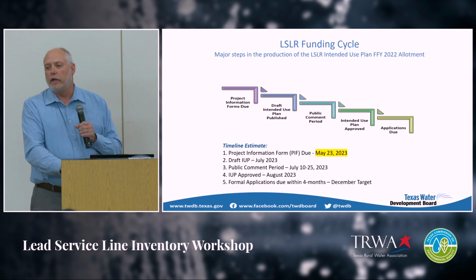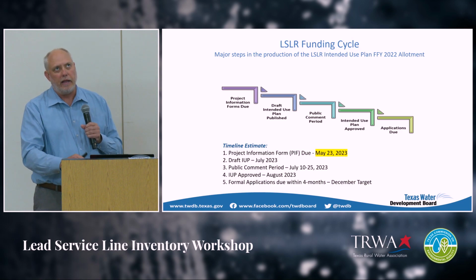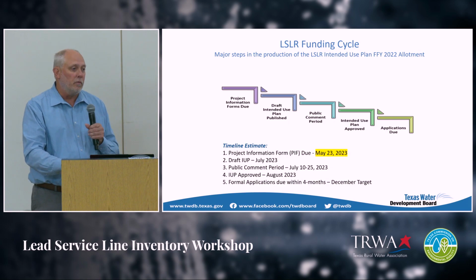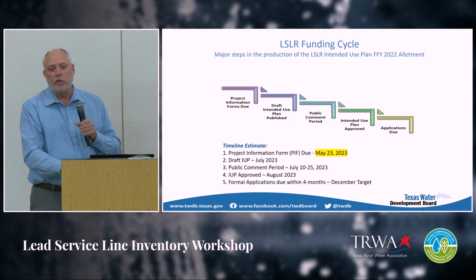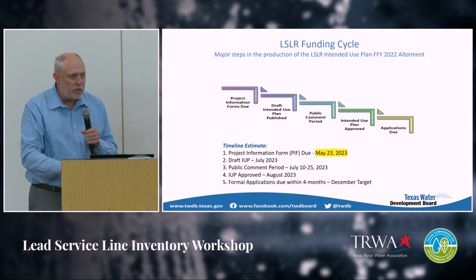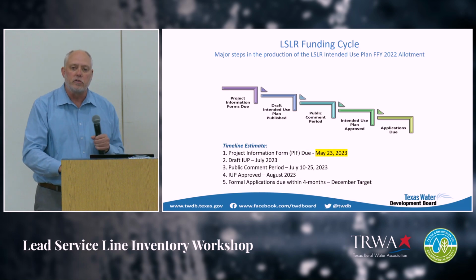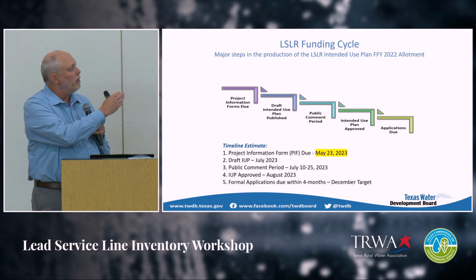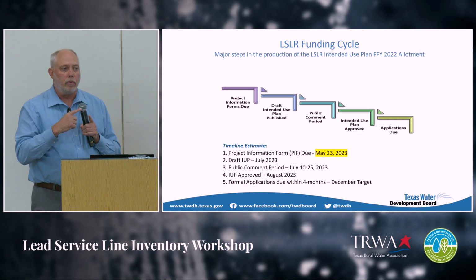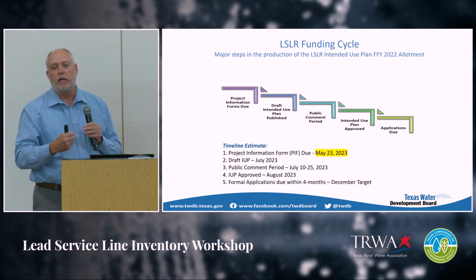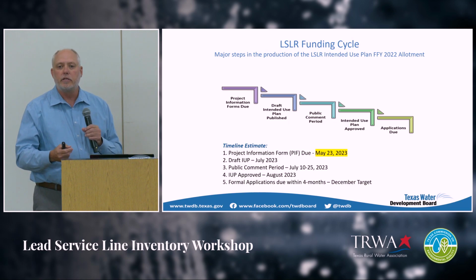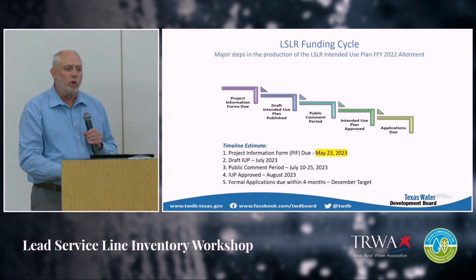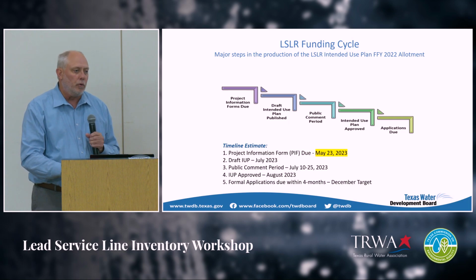My analogy I like to use is like a sports program guide. You go to a football game, you get a program, it tells you about the teams, the players, the coaches, the strategies, all the details of the game. Well, the intended use plan is that same type of thing for each program. It tells you processes, procedures, timelines, percentages, all the rules and regulations for that particular funding program. So it's kind of like your guidance manual.